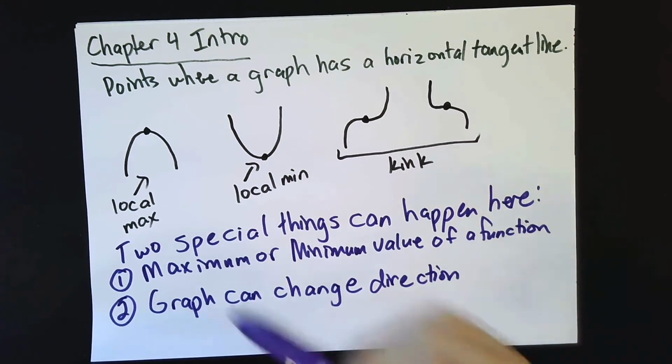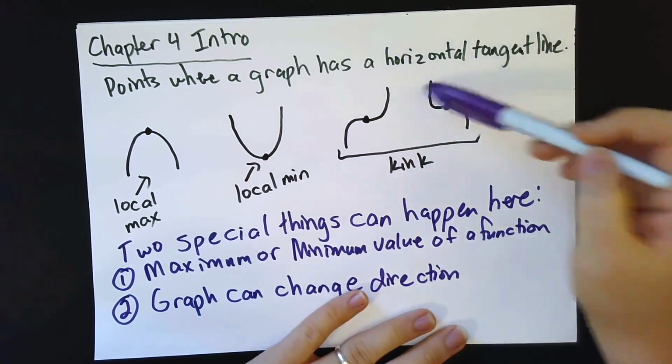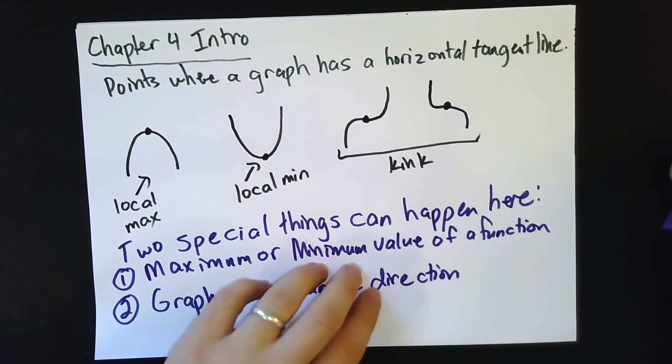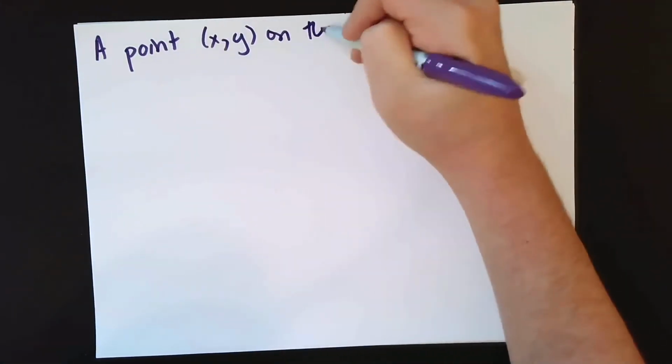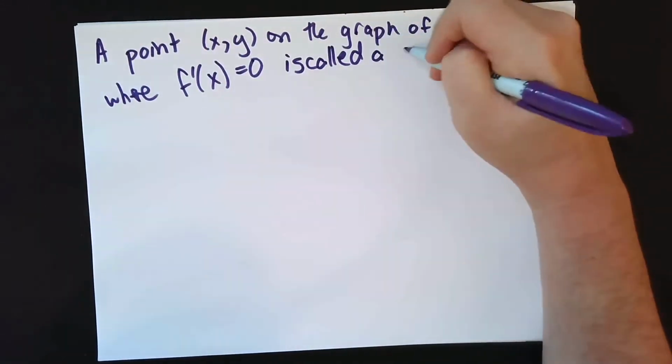But both of the sections, 1 and 2 of this chapter, are going to hinge entirely around these points, okay, where the derivative is 0. So we're going to give a name to these points, namely a point x, y on the graph of f of x, where f prime of x is equal to 0, is called a critical point.